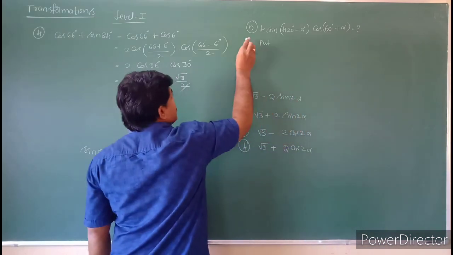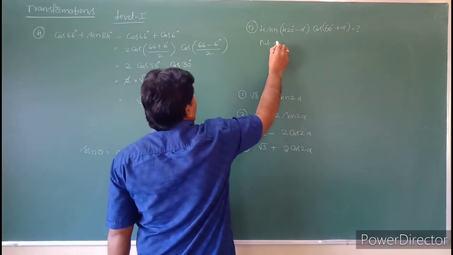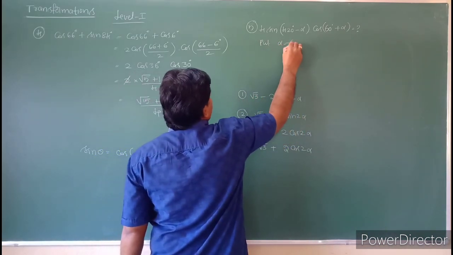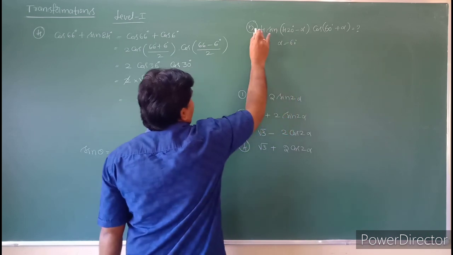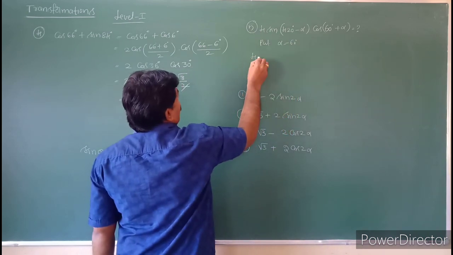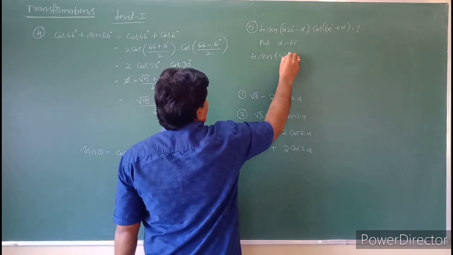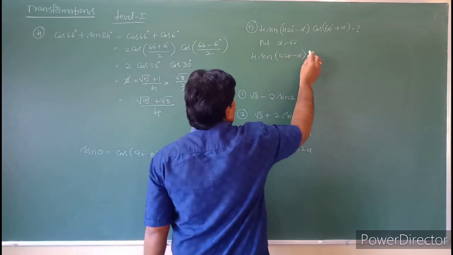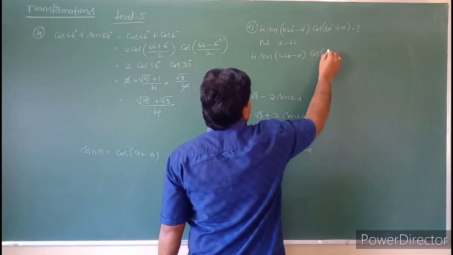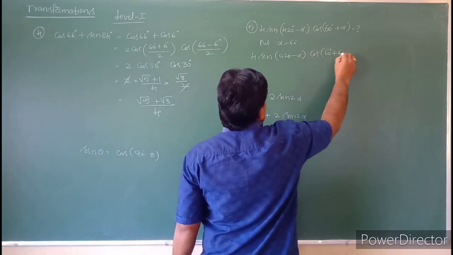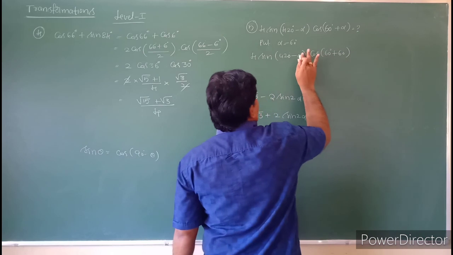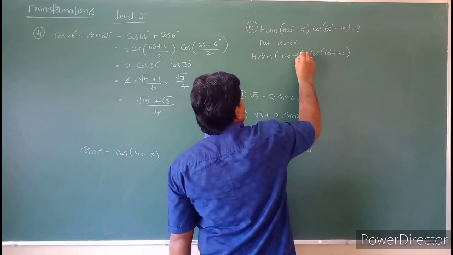So for our convenience I will put alpha is equal to 60 degrees. Then it will become 4 sin(420 minus alpha) into cos(60 plus 60). So alpha value is nothing but 60 degrees.